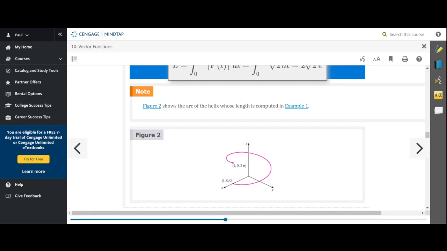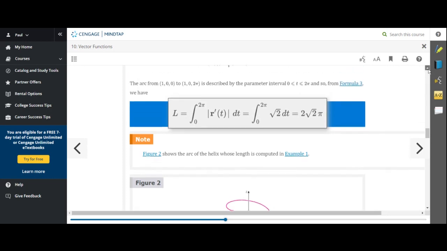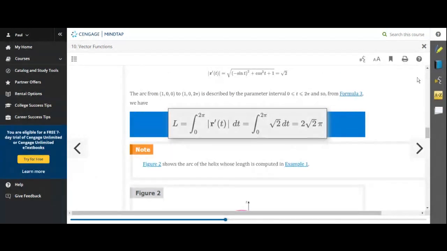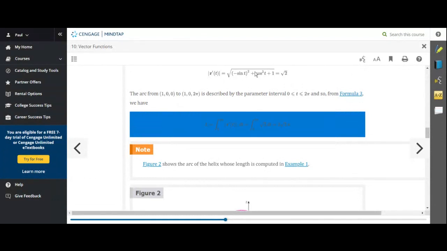You may remember in calculus 2 when you use the arc length formula, a lot of times you have to deal with that square root. You have to deal with what you're going to get under the square root, and sometimes you have to make a substitution. You have to play around with the expression.